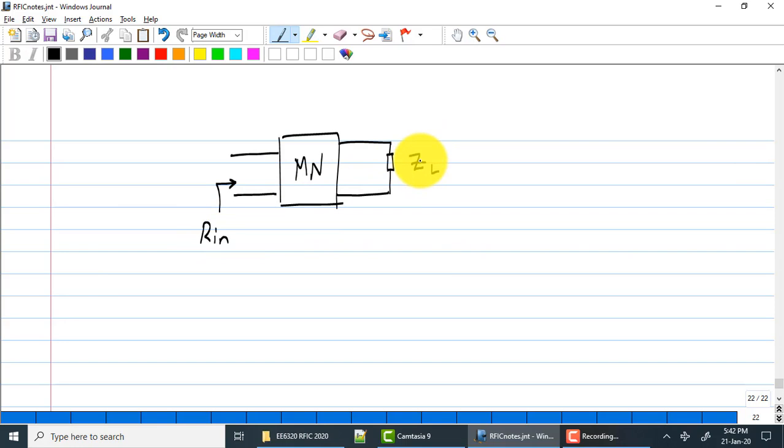I want to match a real impedance to a complex load. Can this be done? In fact, once you do this, you can also match RL plus jXL to RN plus jXL. So you can do that. How do you do this? Any idea?